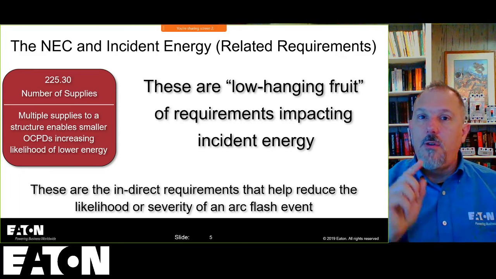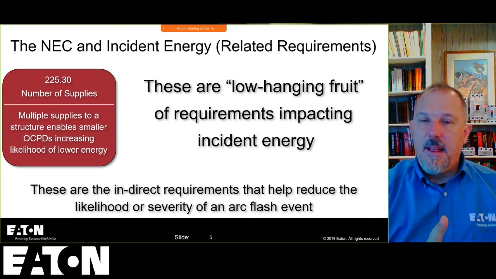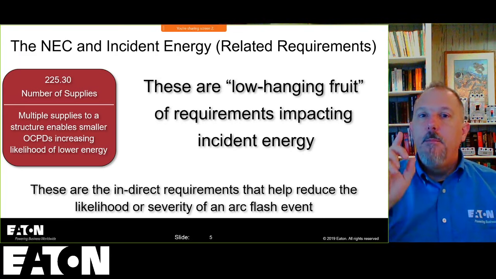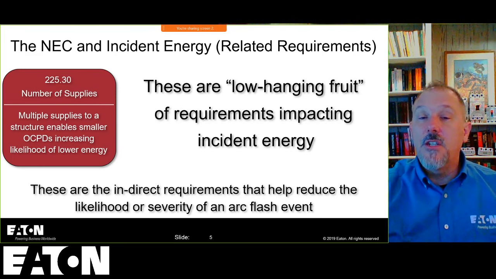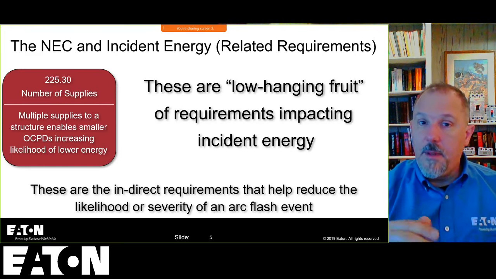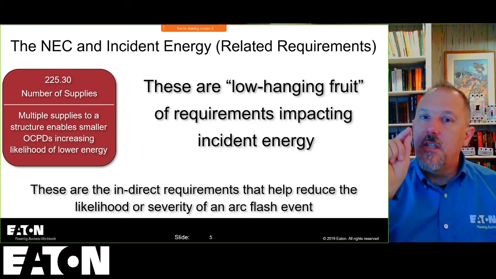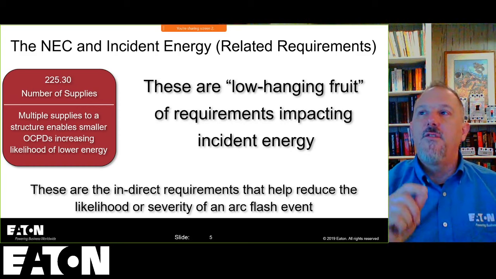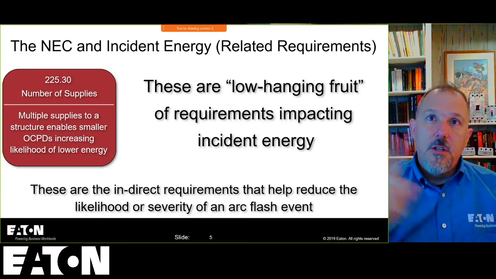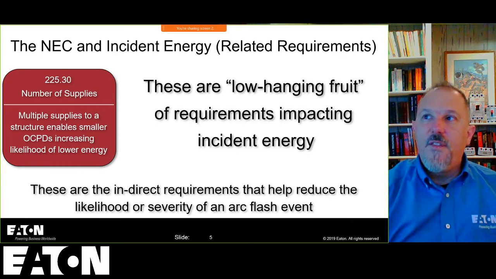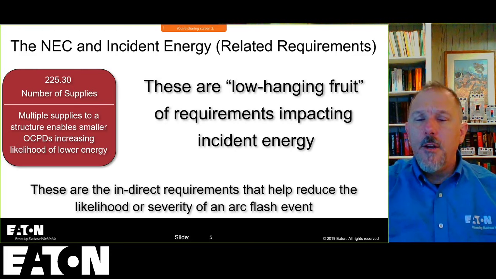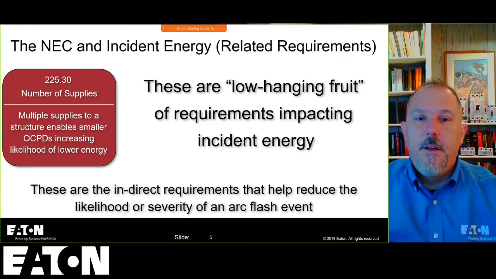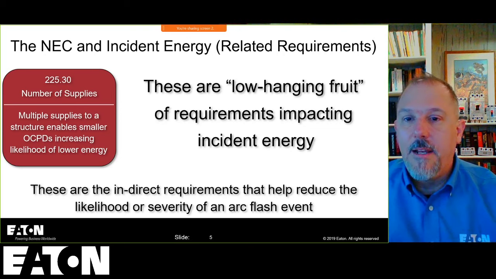And I do agree you'll have to do an evaluation no matter what for the 600 amp breaker versus a 1200 amp breaker, because the fault current at the end of that run is going to be lower because of the added impedance of the smaller conductor. That evaluation will still have to occur, but there is a good chance that 225.30 could help reduce the incident energy as well at the end of that run.